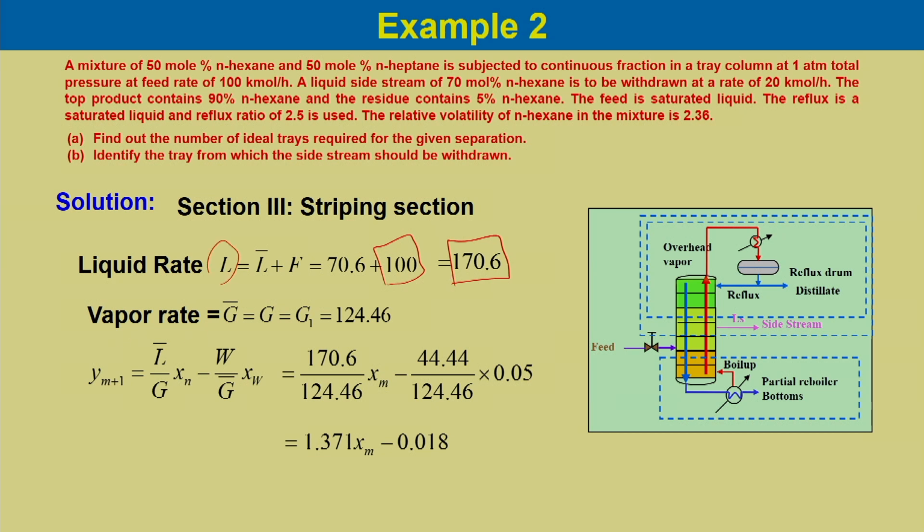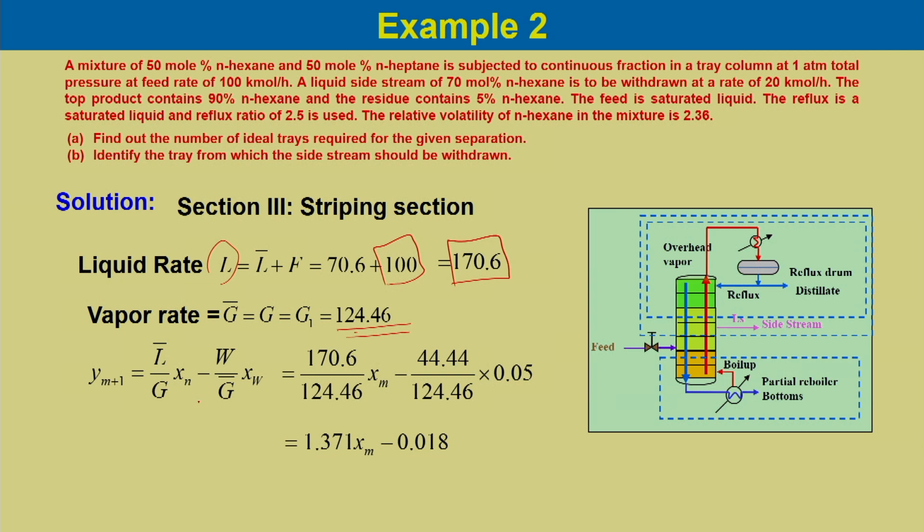The vapor rate remains constant for this section as well. G bar would be equal to G, which is G1, which is 124.46.